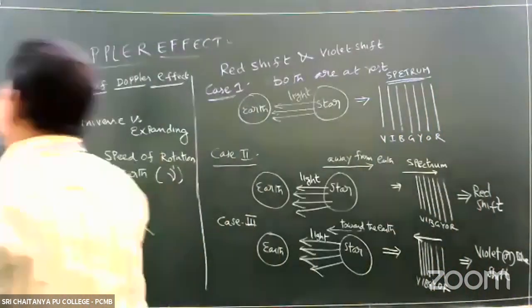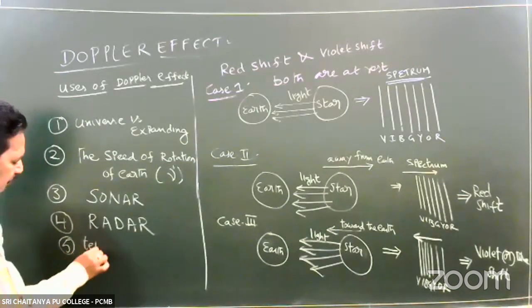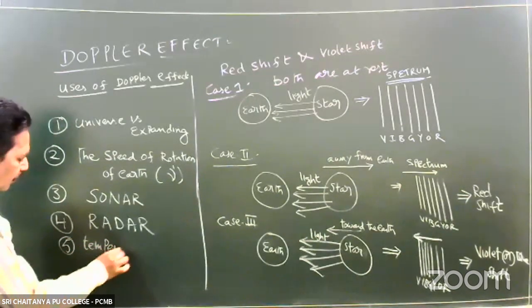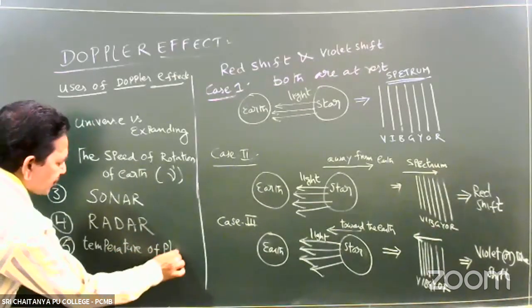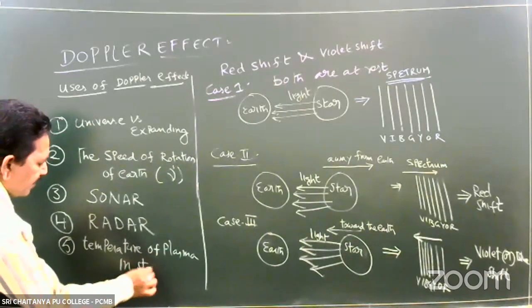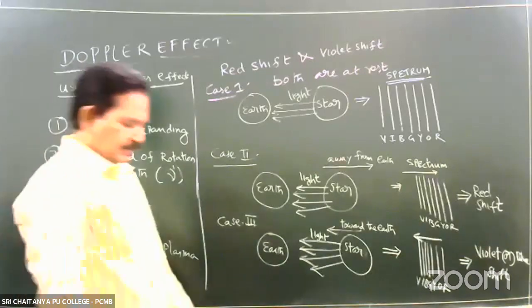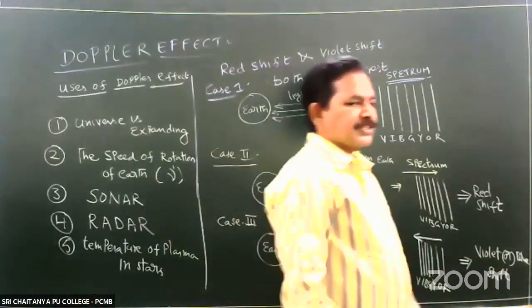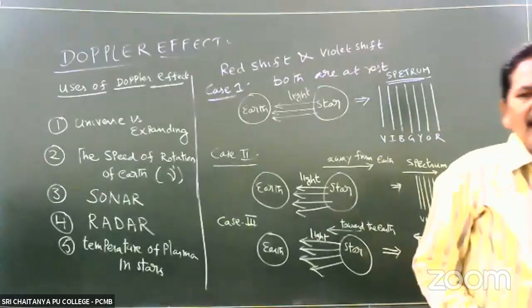The last one, we can find out the temperature of the plasma. Fourth state of matter. In stars, temperature of plasma. We know that matter exists only in three forms: solid state, liquid state, and the gaseous state.